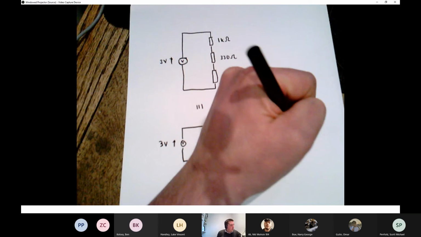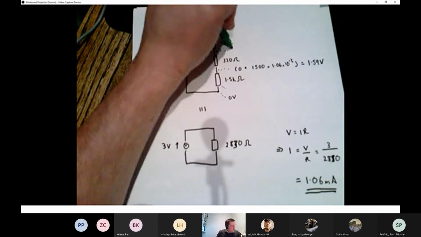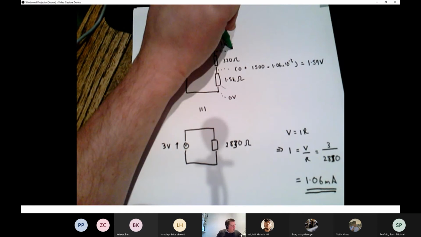So it's 0 plus 1500 times 1.06 times 10 to the minus 3. And that equals 1.59 volts. And then I can keep on going. I'll change color to green just so it's clear where I'm looking at. This is going to be 1.59 plus 330 times 1.06 times 10 to the minus 3.